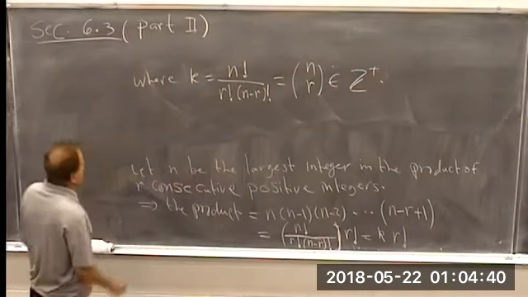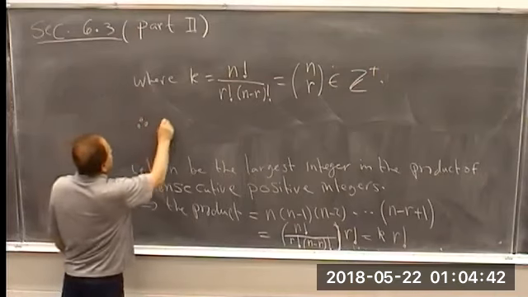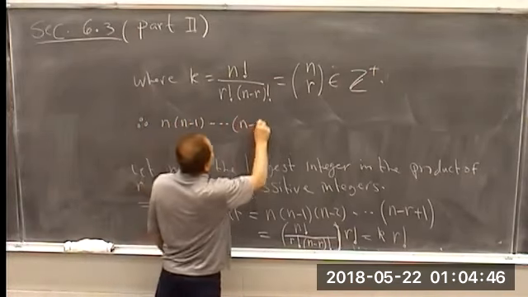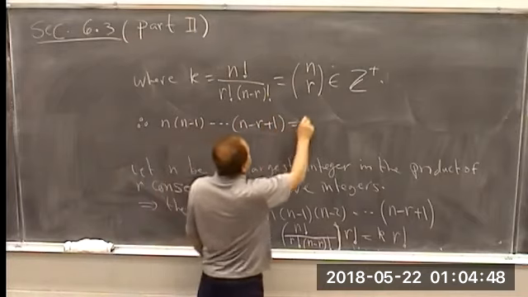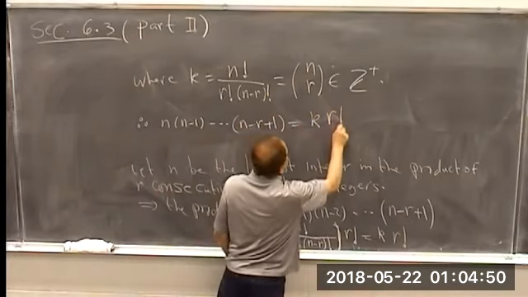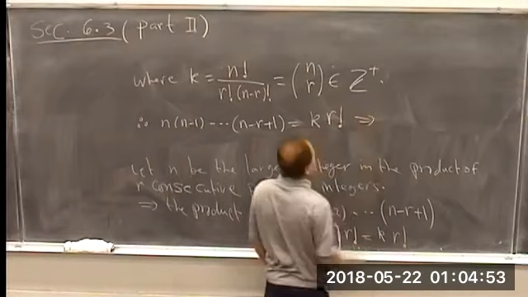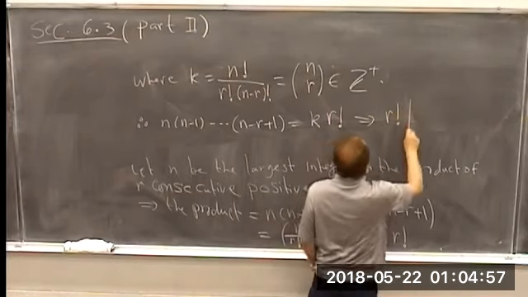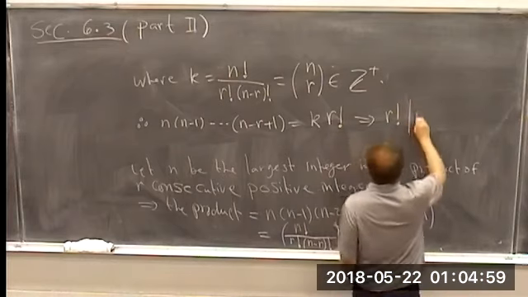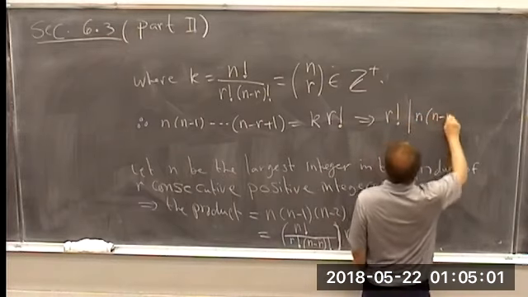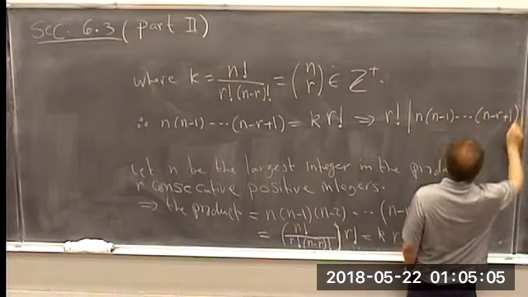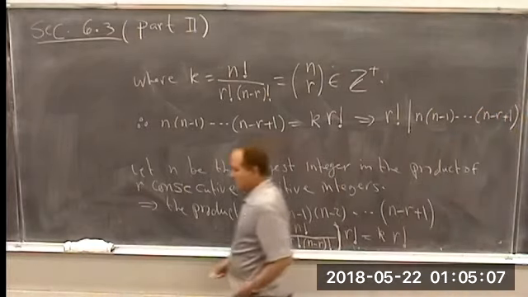Therefore n times n minus 1 up to n minus r plus 1 is equal to k times r factorial, and this means exactly that r factorial divides this product. And we're done.